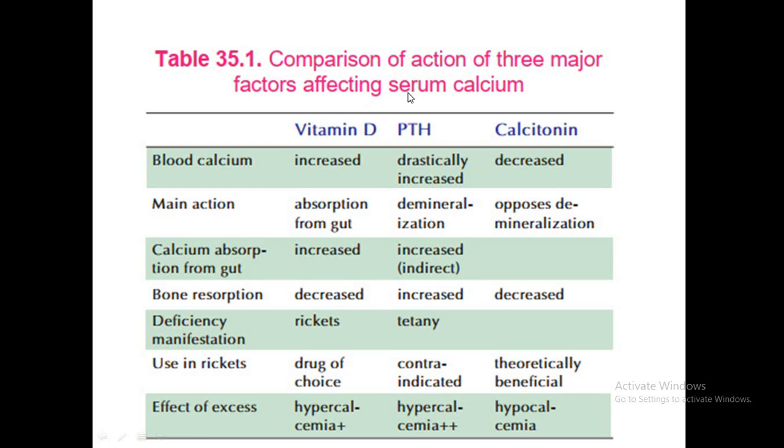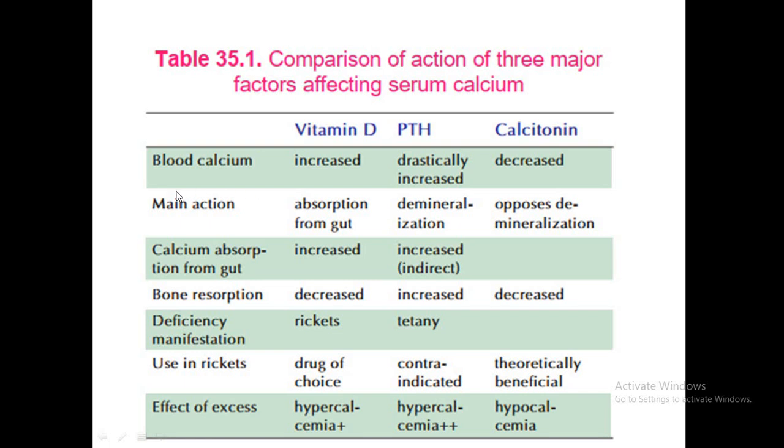So this is a chart which compares the three major factors affecting serum calcium. Calcitonin, I will be discussing in the next lecture. So in the blood calcium, vitamin D and PTH will increase, and PTH will drastically increase the blood calcium, whereas calcitonin will decrease it.